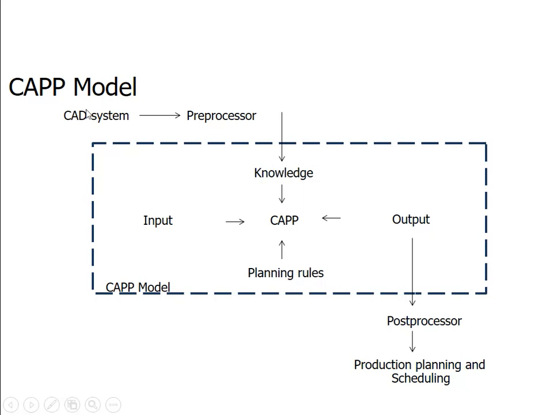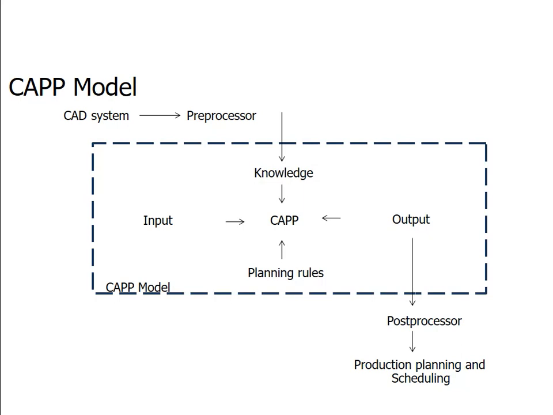Normally the CAD system, which I mentioned, like SolidWorks or whatever computer aided design, has pre-processors. They convert these models into the knowledge base of manufacturing, and that gives input as the geometric data and output as a 3D model, along with the planning rules which need to operate. As we discussed, first we need to operate cutting, then tapering, then the slanting operation, and after that the stepping operation.